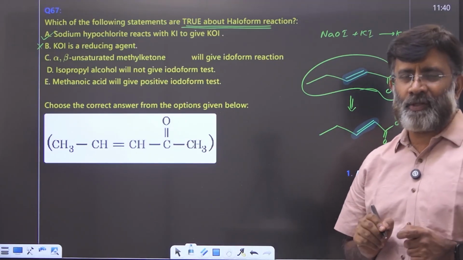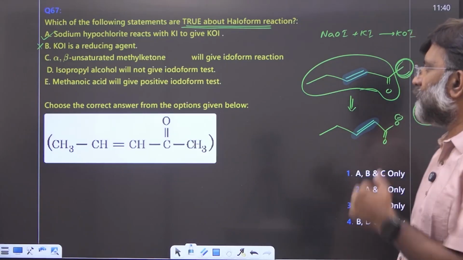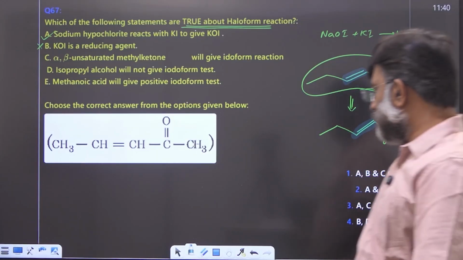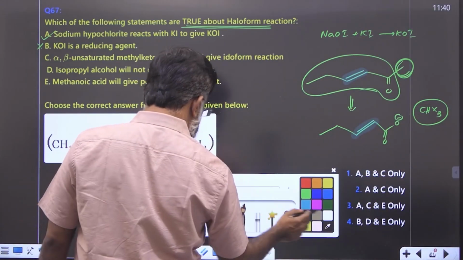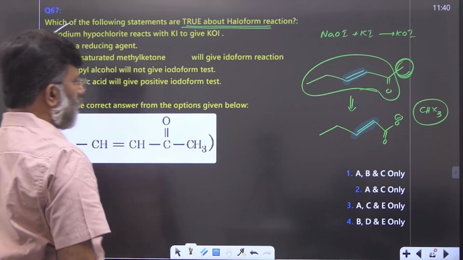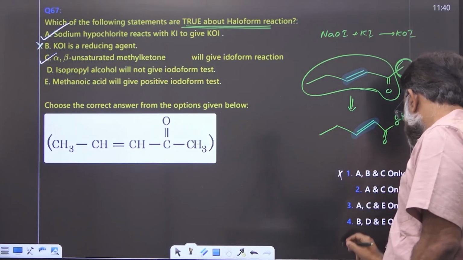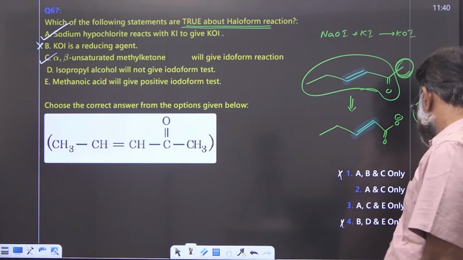During the haloform reaction, the unsaturation part remains intact. Nothing happens. So C is correct. A correct, B wrong, C correct.